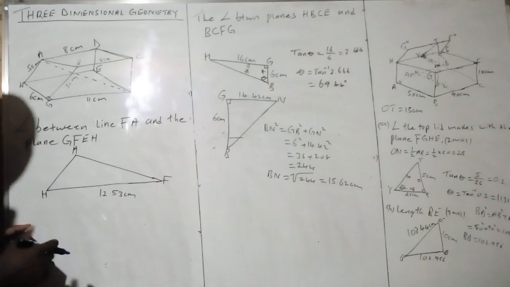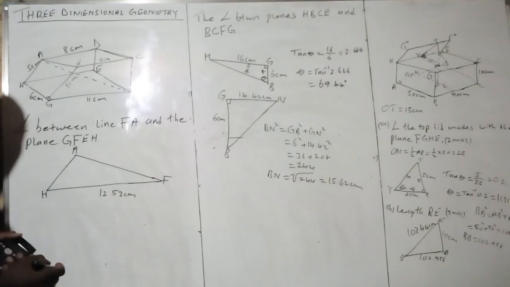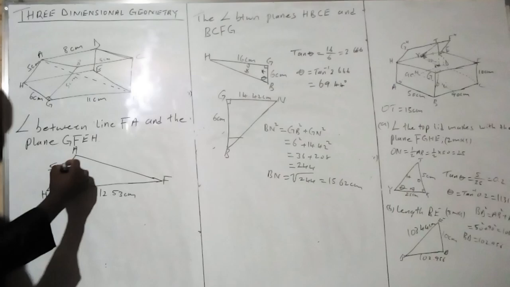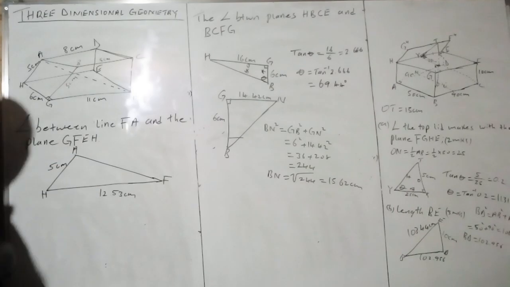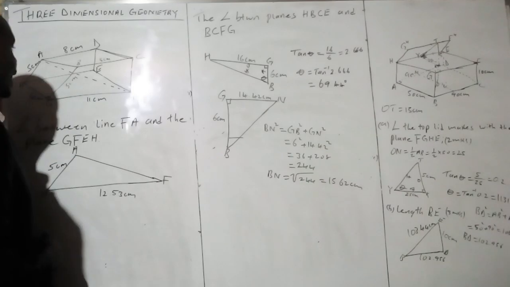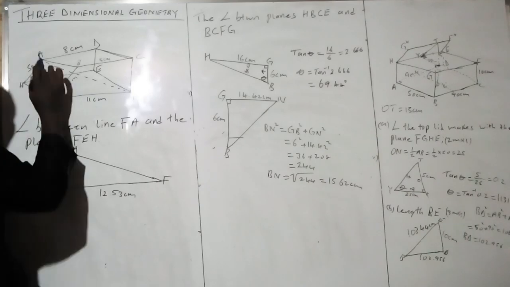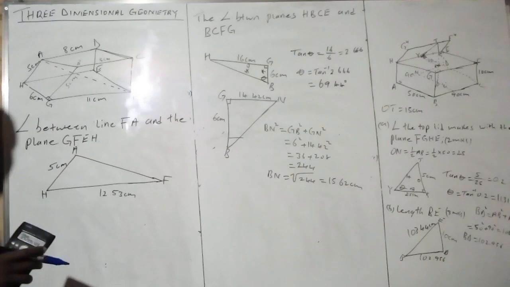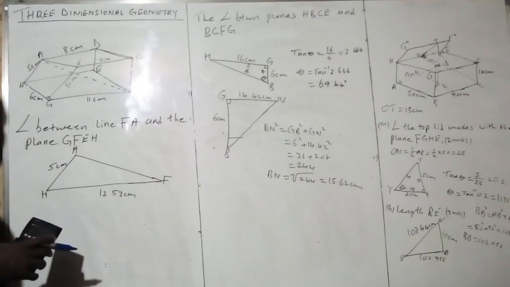Then the next thing that you can get, we know HA. Yeah, we know HA. HA is known as 5 centimeters. That being the case, we can also get AF. How can we get AF?